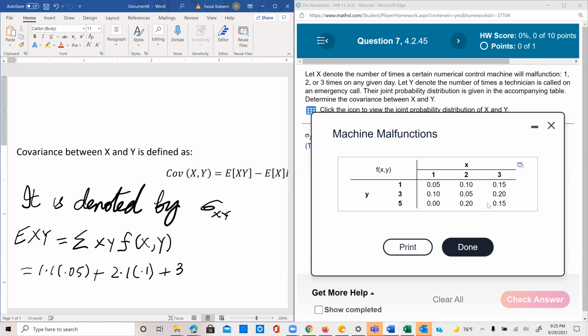And then x is 3 and y is 1, so 3 times 1, times f of 3, 1 is 0.15. Plus, and then we have x1 and y3. So 1 times 3. And f13 is 0.1. Plus x2, y3, 2 times 3, and f23 is 0.05.